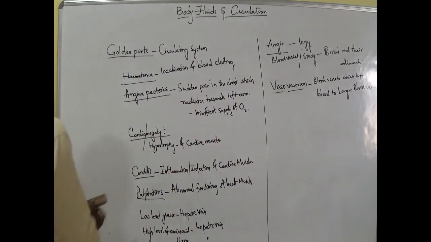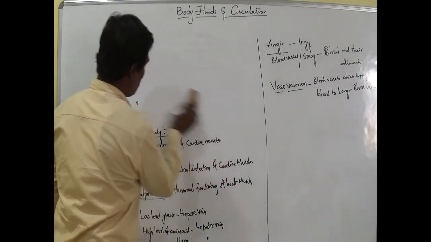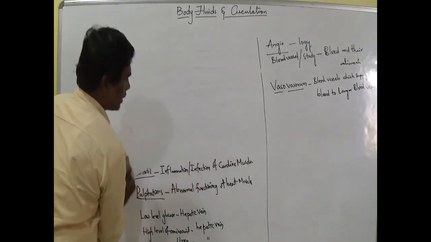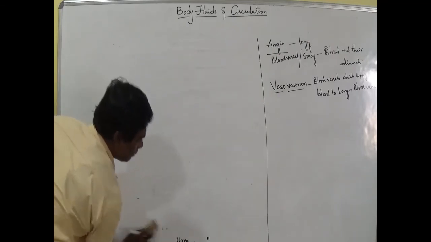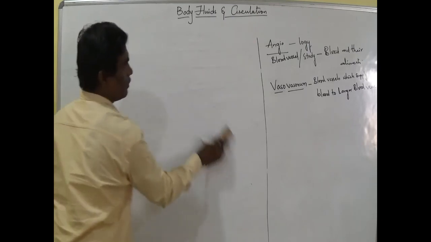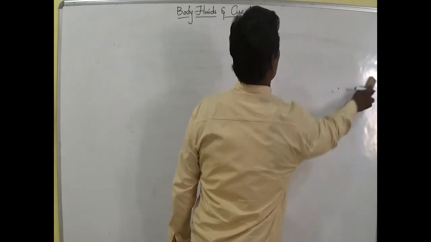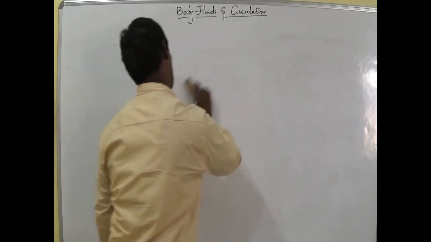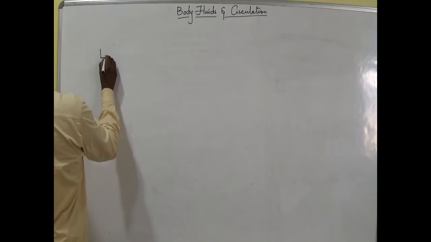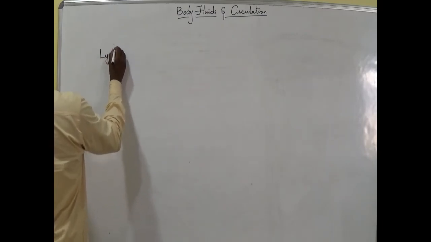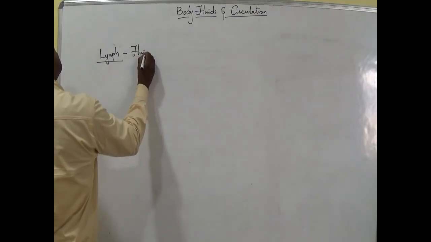Well, along with this, we have to talk about one more circulatory fluid, which we started with blood, and that is lymph. So what is lymph? Lymph is one more kind of fluid connective tissue.